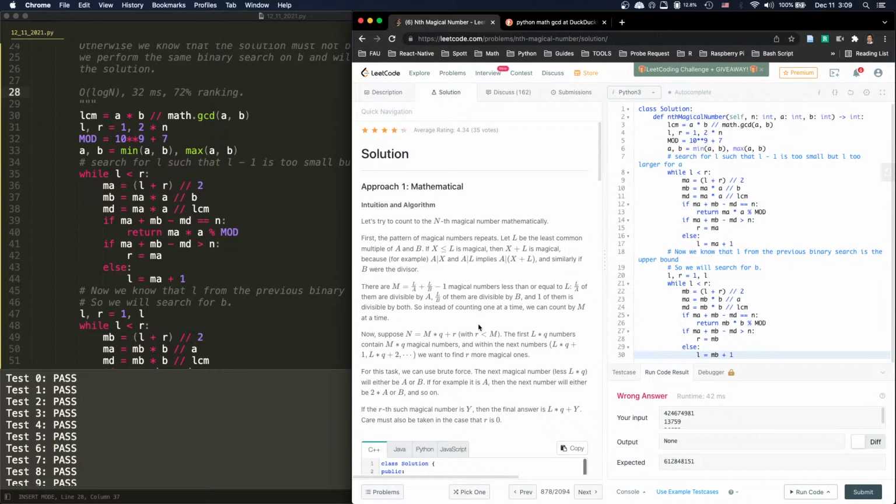That's true. This is the bound, right? The bound is L times Q because L is the LCM, right? So we check every M value, so M value ending in L, right? So this is the lower bound, and now we just need to find basically within this R, right? Just within this R to find which one it is.